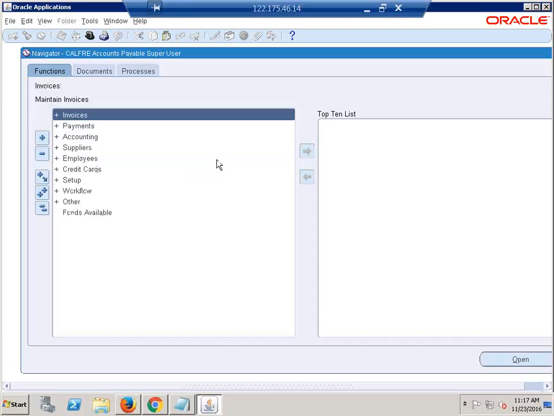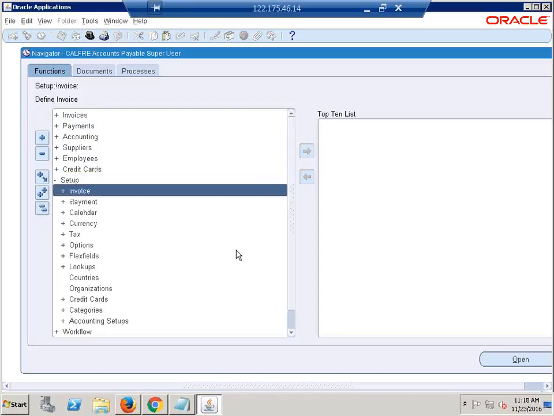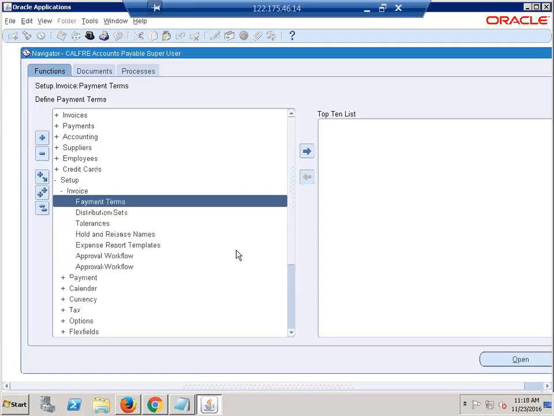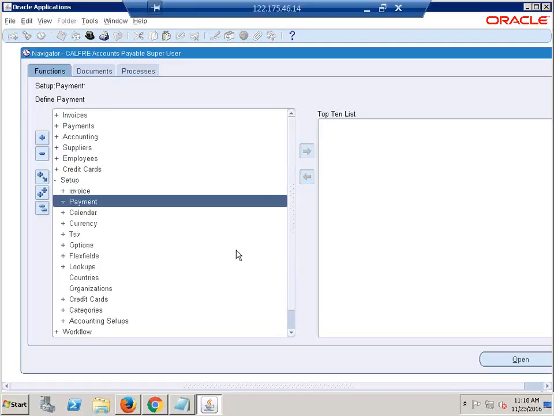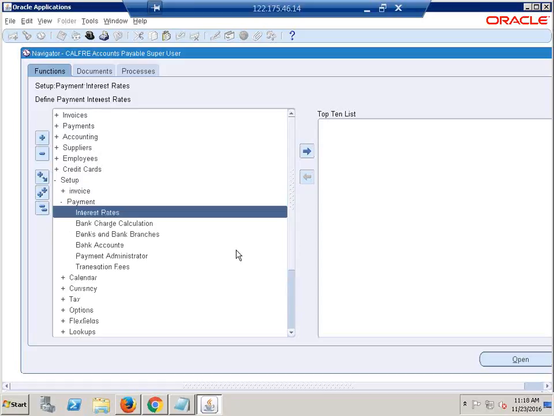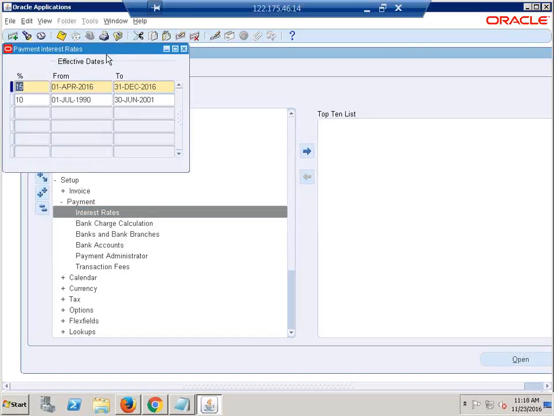The navigation is Setup, Payments, Interest Rates. Open this interest rates form.